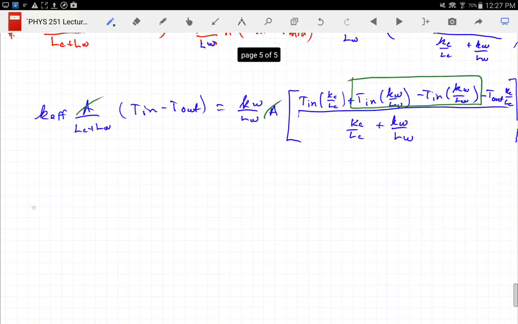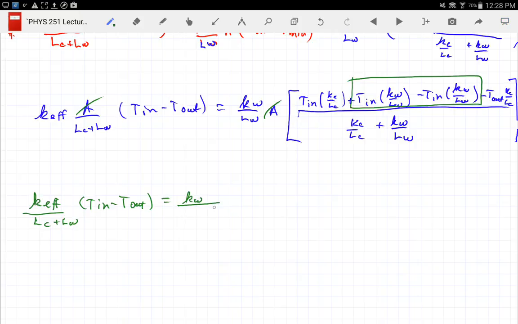So I can take this and now more efficiently write it. Since these were both multiplied by Kc over Lc, I factored the Kc over Lc out.